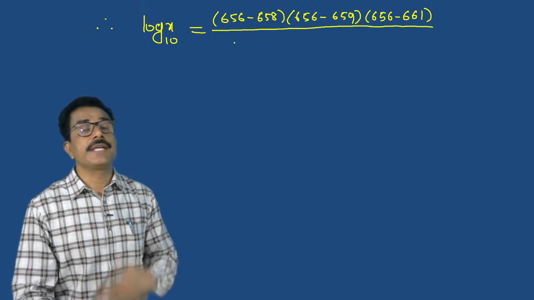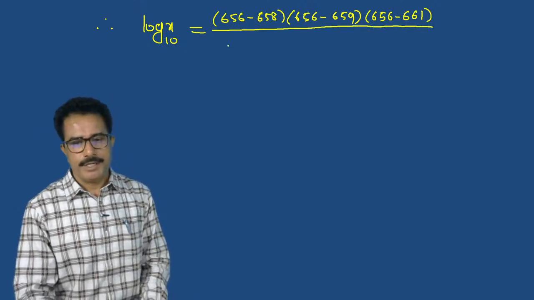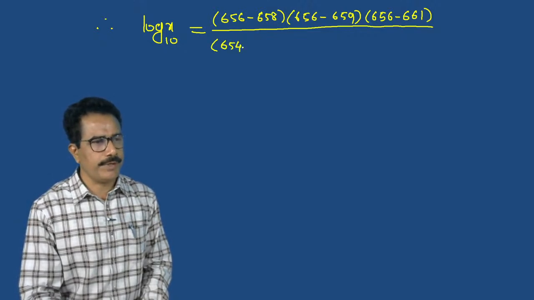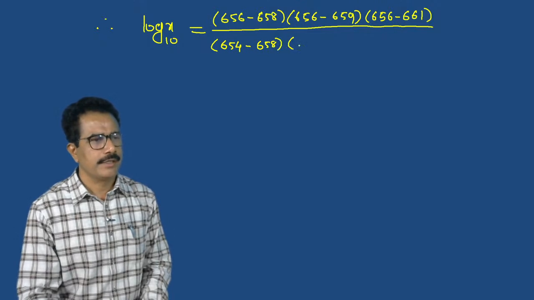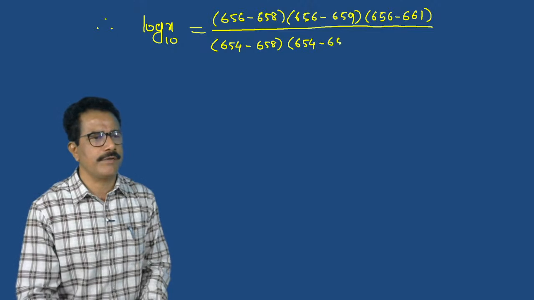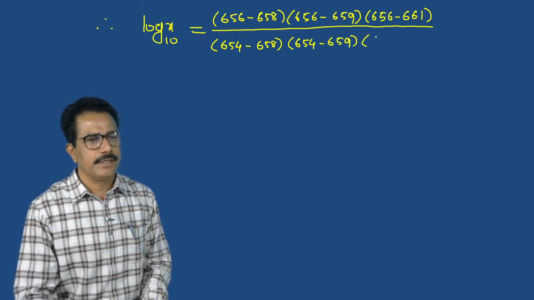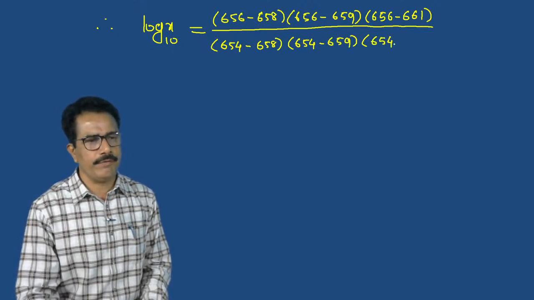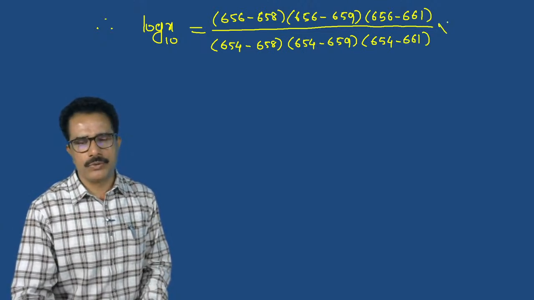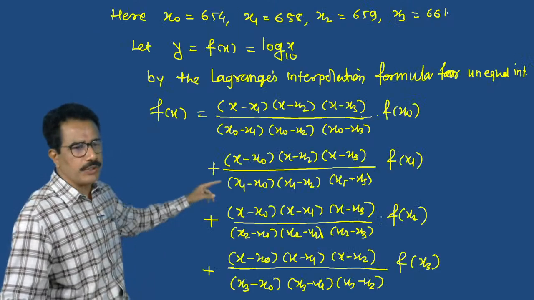Divide by x0 minus x1. x0 means 654 minus 658, 654 minus 659, 654 minus 661 into f of x0.